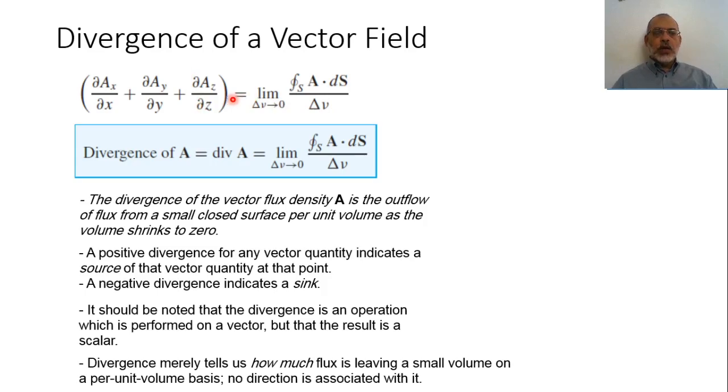Okay, now we are going to study this differential operator on a general vector, say A. So for a general vector A, the derivative of Ax with respect to x plus the derivative of Ay with respect to y plus the derivative of Az with respect to z equals the limit when delta v tends to 0 of the integration over a closed surface of this vector A dot dS over the incremental volume.